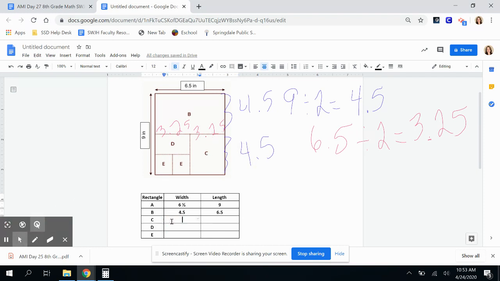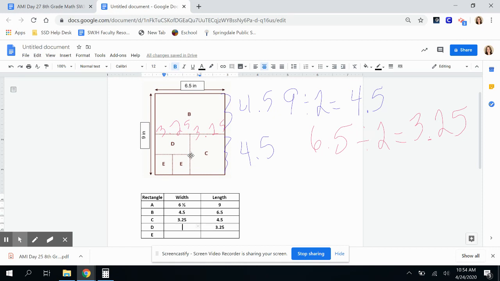Okay, so now I can write my dimensions down. 3.25 now is my width, and my length is 4.5, the longest side. Now that I said this is 3.25, we already know that this length here is 3.25 because we already split that in half. Now we need to find the width of D. So we have 4.5 is the total side of this, right?